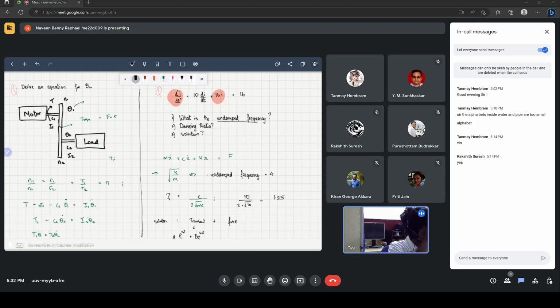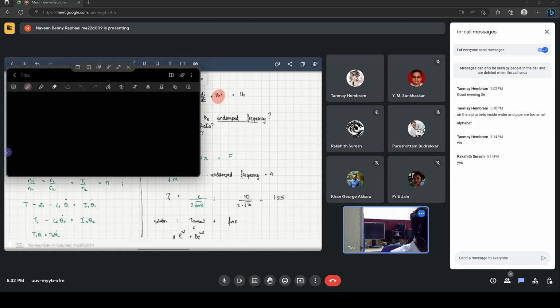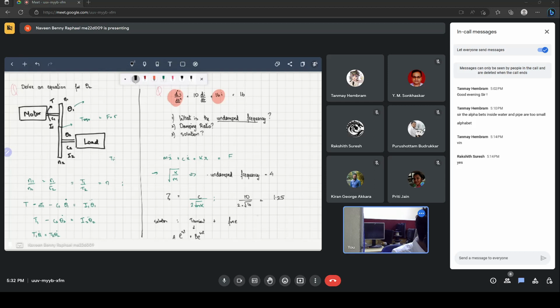In this case, when you do the forced response, we'll get that I is equal to 1, because if you have d2I by dt2 plus 10 dI by dt plus 16I is equal to 16, then we can assume the solution that I is a constant.